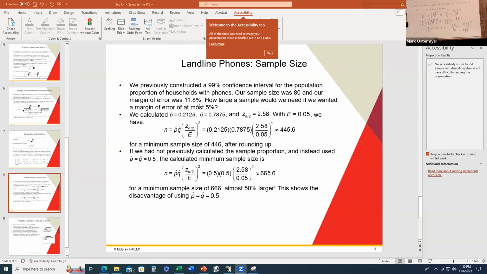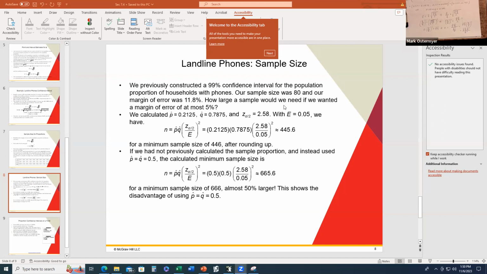All right, here's an example. It gets back to that landline phone example. Remember that one? We previously constructed a 99% confidence interval for the population proportion of households with phones. Our sample size was 80 and our margin of error was 0.118.